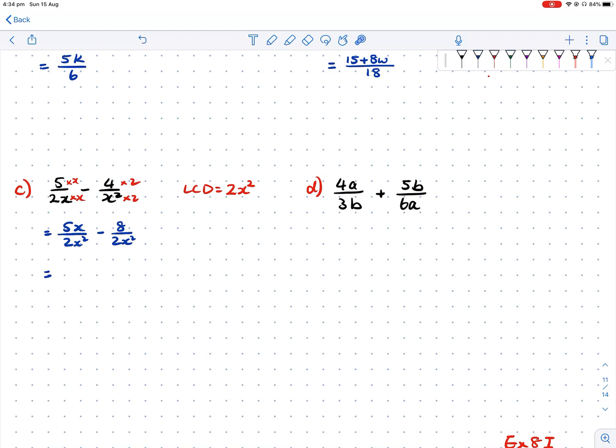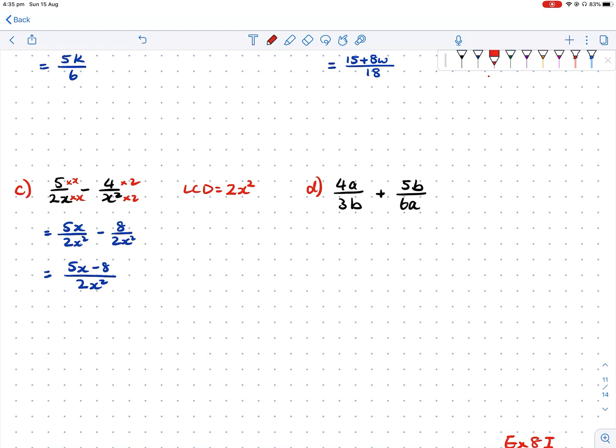Now that the denominators are the same, we can subtract the two numerator values. And again, they're not like terms, so you're just going to write it as 5x minus 8 over 2x squared. Okay, so there's no simplifying of that anymore.